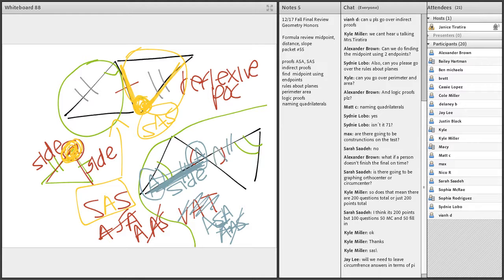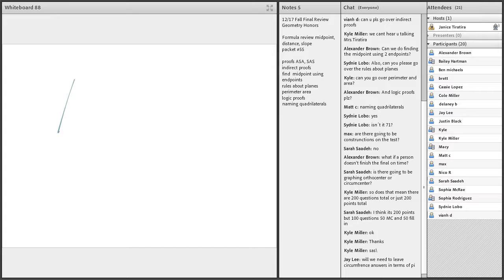Same thing for the other triangle. It matches perfectly. The side is in between the two marked angles, therefore it's angle side angle. Here's a picture where it'll be angle angle side compared to angle side angle.